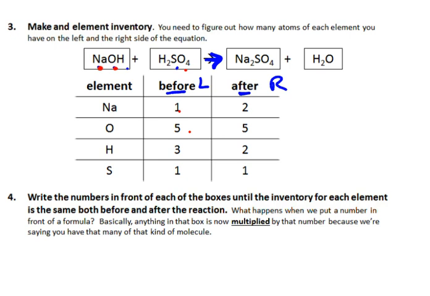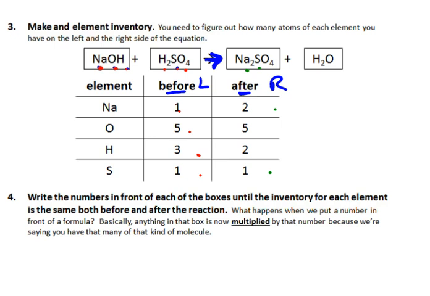It's okay that they're in separate squares. I just want to know how many in total there are. I count that there is 1 hydrogen here and 2 more is 3 hydrogens, and there is 1 sulfur. On the after side of the arrow, there are 2 sodiums. There is 1 sulfur.